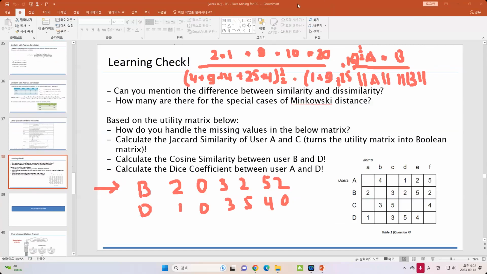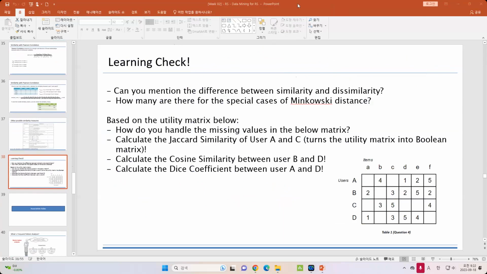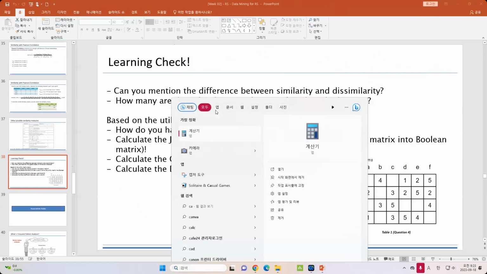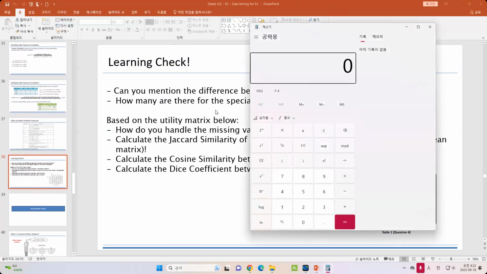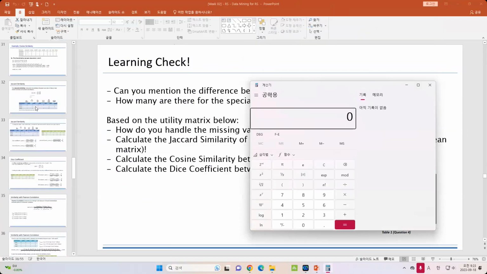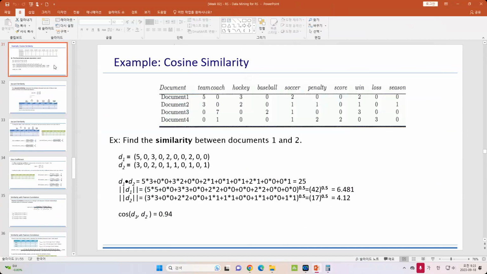So you can calculate this one. You can use the calculator to calculate.